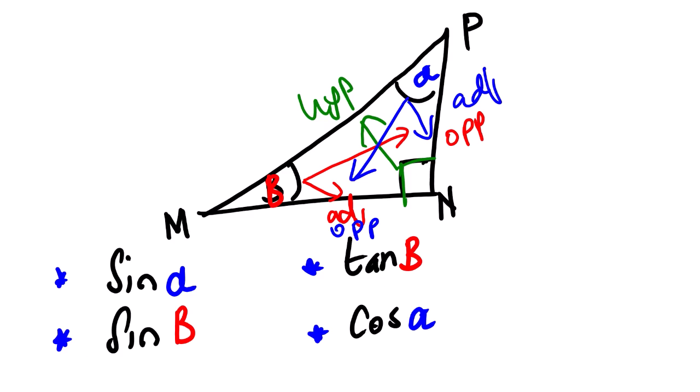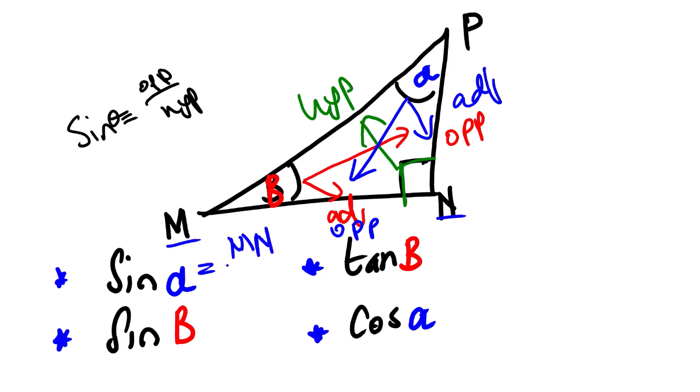The first one is sine alpha. Sine alpha says opposite over hypotenuse. That is the expression. So what is our opposite side in this case? Our opposite side of alpha is mn. So it will be mn over the hypotenuse, mp.